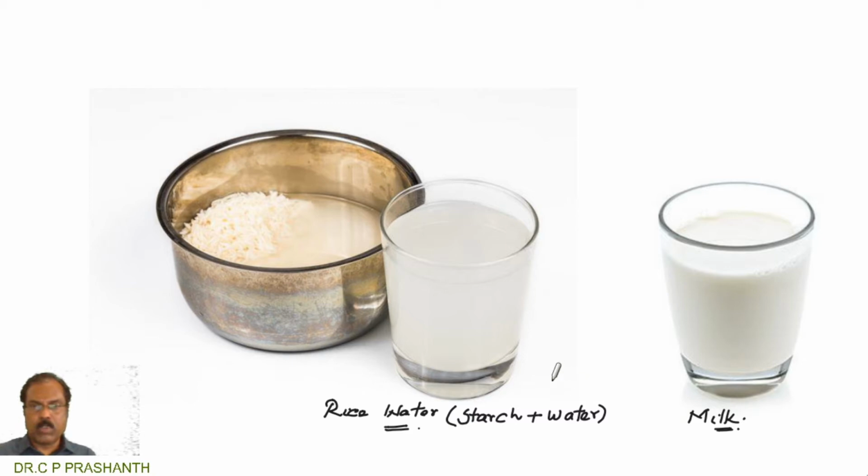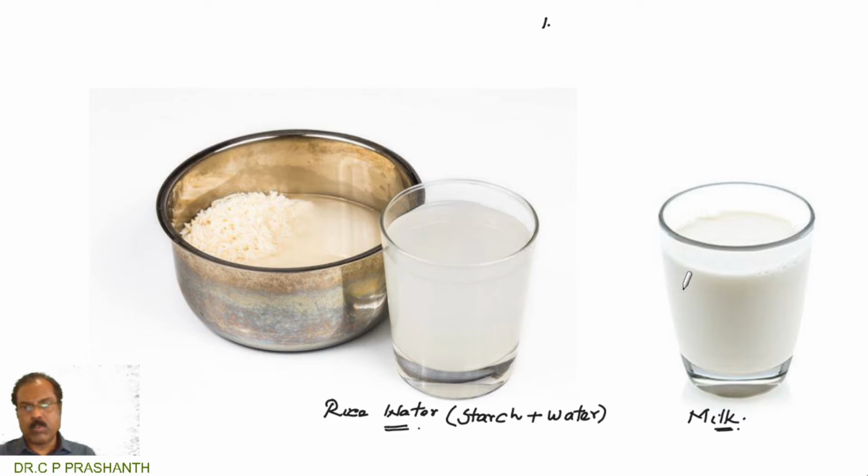Now let us make the observations we made for true solutions. Do you think this mixture is transparent? Transparent means whether light can pass through it or not.